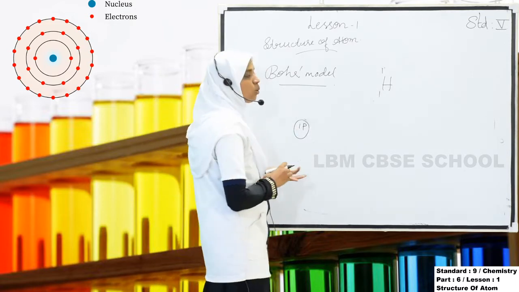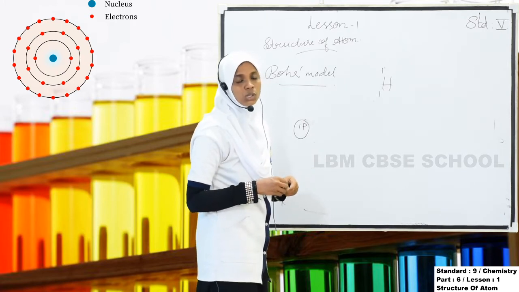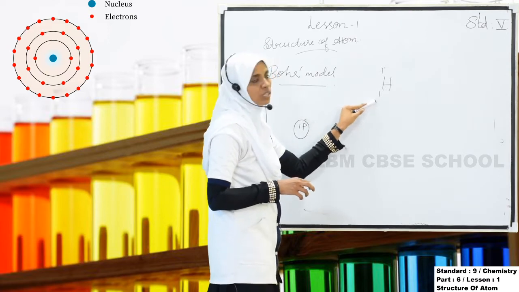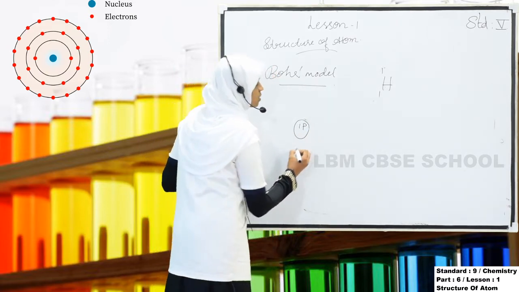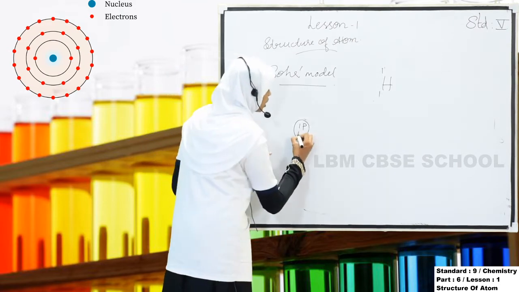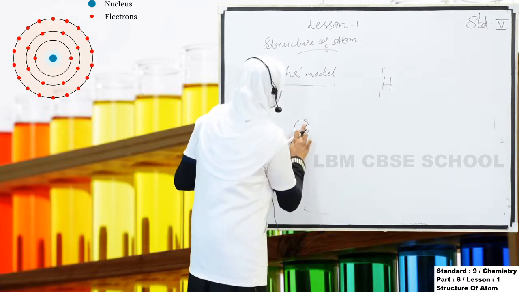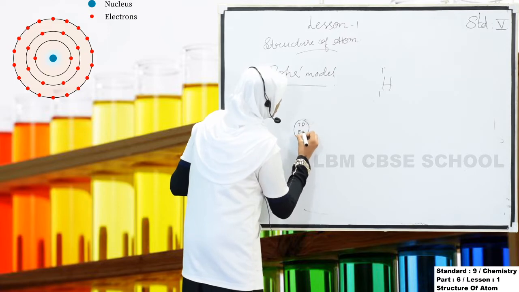And how many neutrons? Neutrons are equal to mass number minus atomic number. Here the mass number is 1 and the atomic number is 1, so n is equal to 0. So 1 proton and 0 neutron.